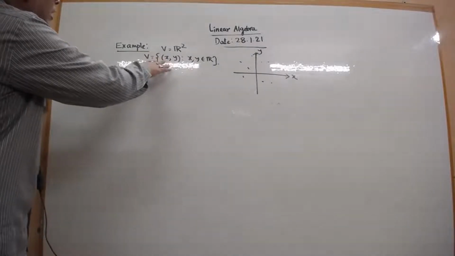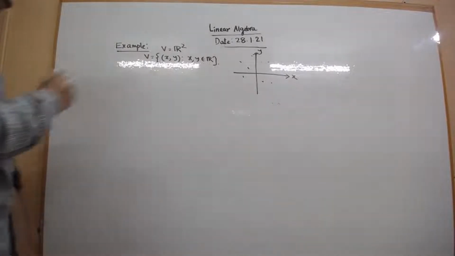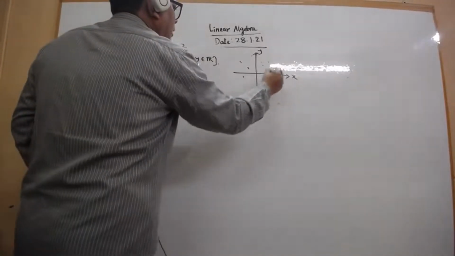Now I consider V equal to R squared. This is any point in two-dimensional space.